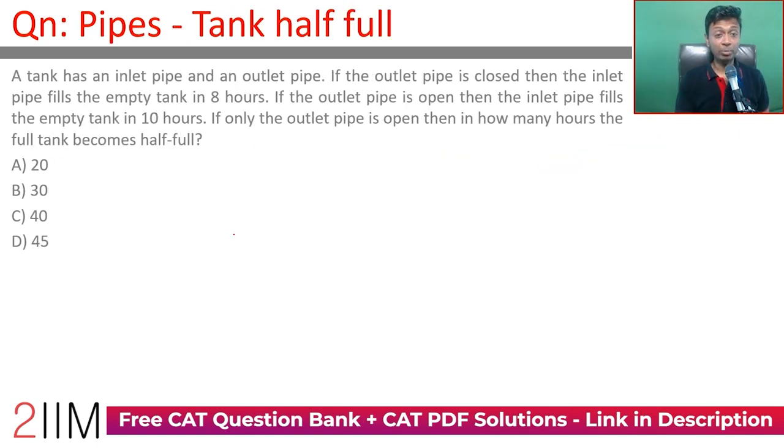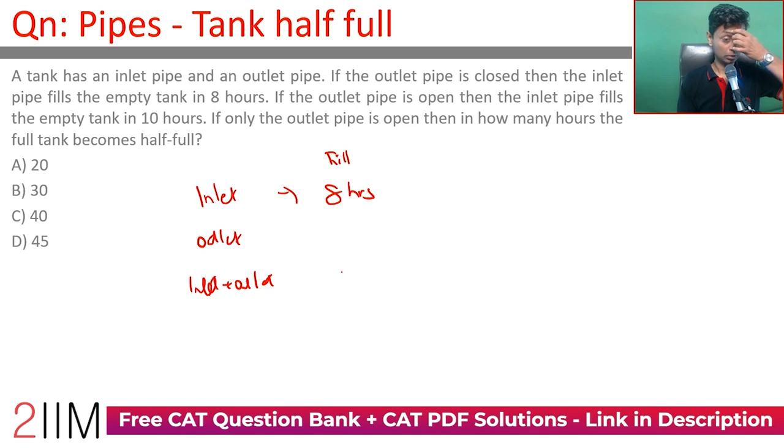A tank has an inlet pipe and an outlet pipe. The outlet pipe is closed. Then the inlet pipe fills the empty tank in 8 hours. If the outlet pipe is open, then inlet plus outlet takes 10 hours.